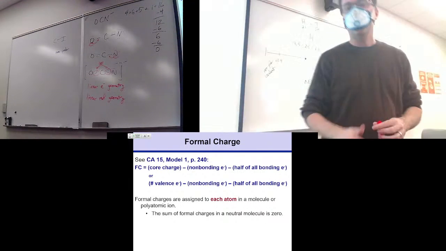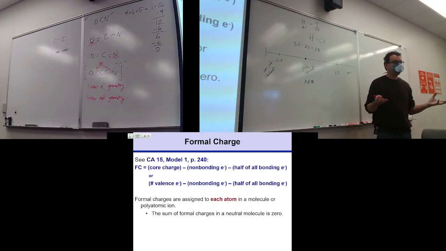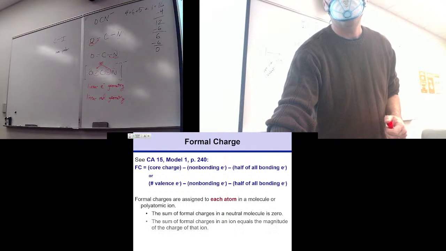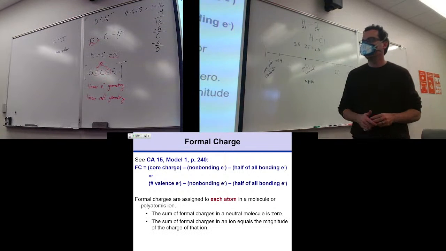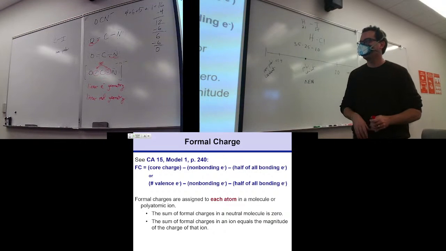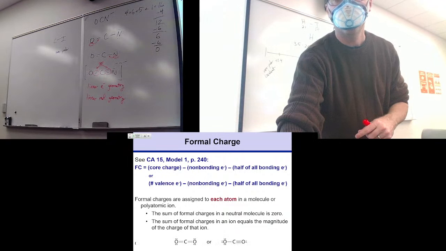In a neutral molecule, if you do them right, all the formal charges should add up to 0. But if you have a charged ion, like nitrate, then all of your formal charges will add up to whatever the charge of that ion is. So that's a nice way to check to make sure you did everything right.